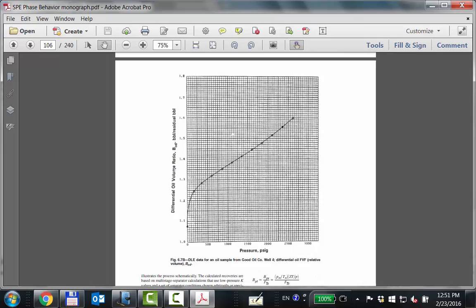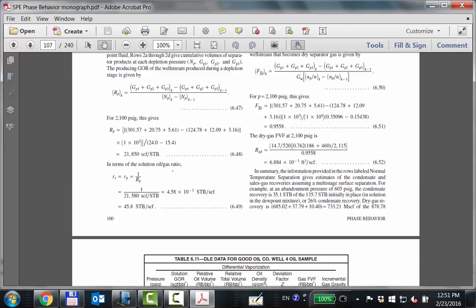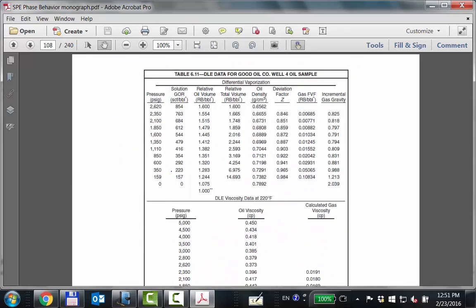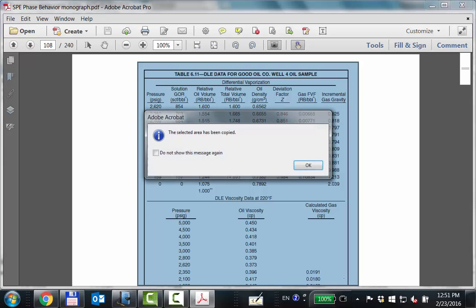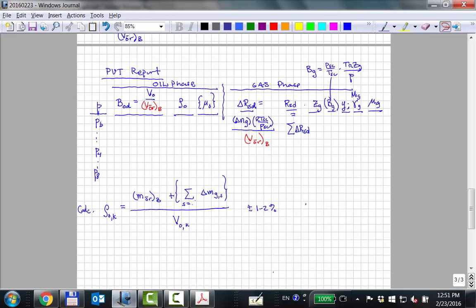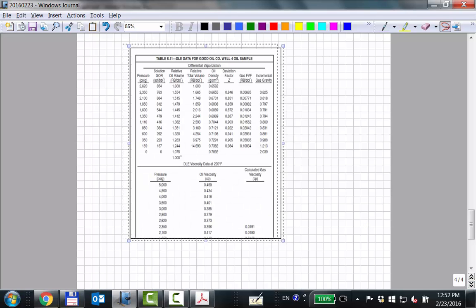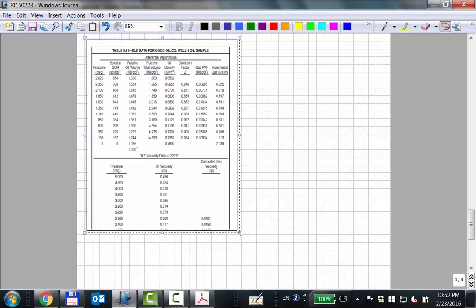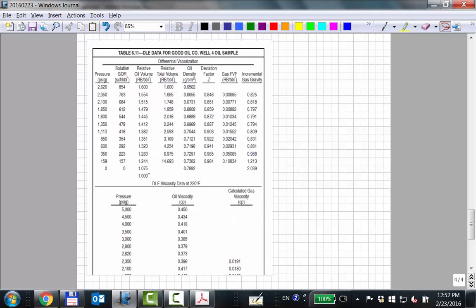This is the BOD figure. There we go. I know I cut off a little bit of the gas viscosities, but don't worry about that.